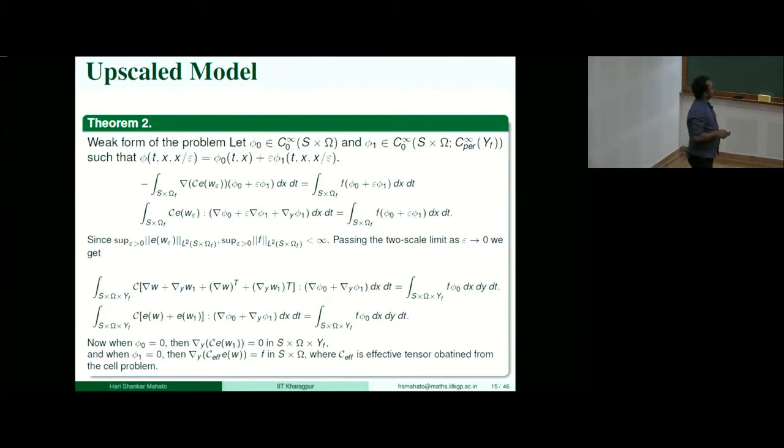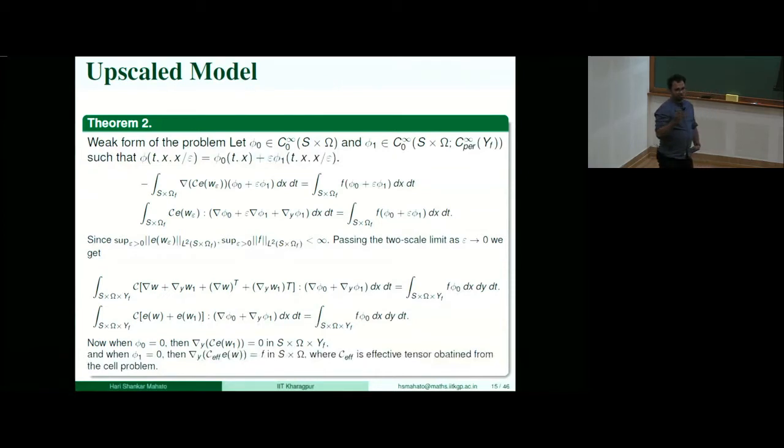So in case of microfiber equation, we'll consider the test function in this fashion. Then we multiply by the test function, and using the 2-scale convergence definition, our stress tensor basically will converge to a limit like this, where capital C is the 4th order tensor, and hence we have the tensor product here.